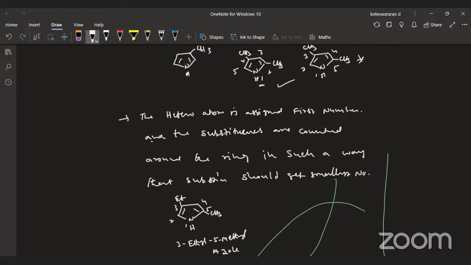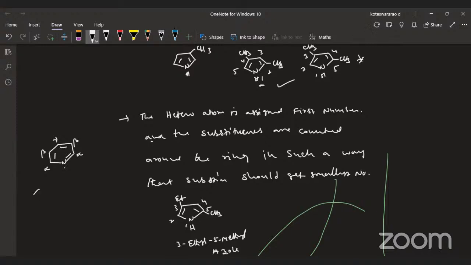Next one. In a ring system, the position next to the heteroatom is assigned with alpha, beta, gamma symbols. Suppose here the 6-member ring is there, that is pyridine. These two positions are labeled with the alpha symbol, the next position with beta, and the next with gamma.